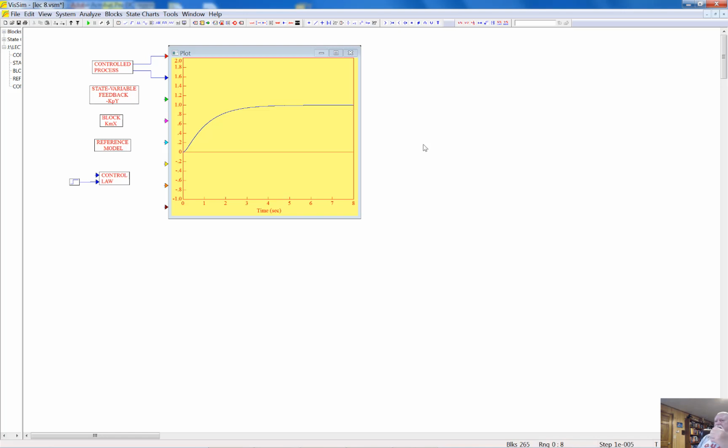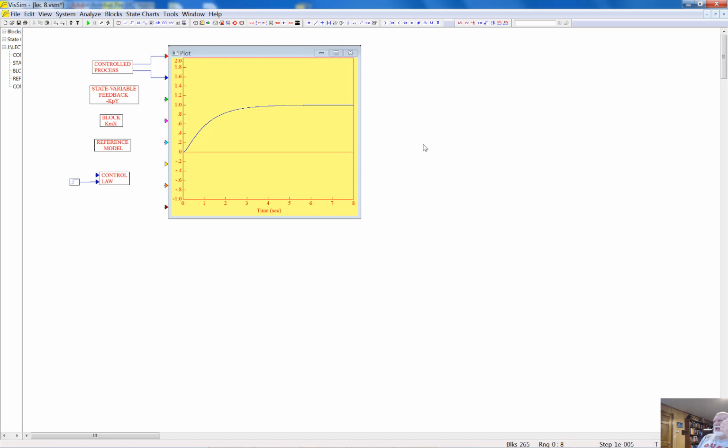The second stage is assuring compliance with the design specs, and this is done through the reference model. So the reference model is formulated based on design specifications, and then we perform additional computations. We have to establish matrix Km and Ku, and finally the system should be assembled together, and the control law will have a contribution of the reference, a contribution of the state variable feedback, and a contribution from the reference model.